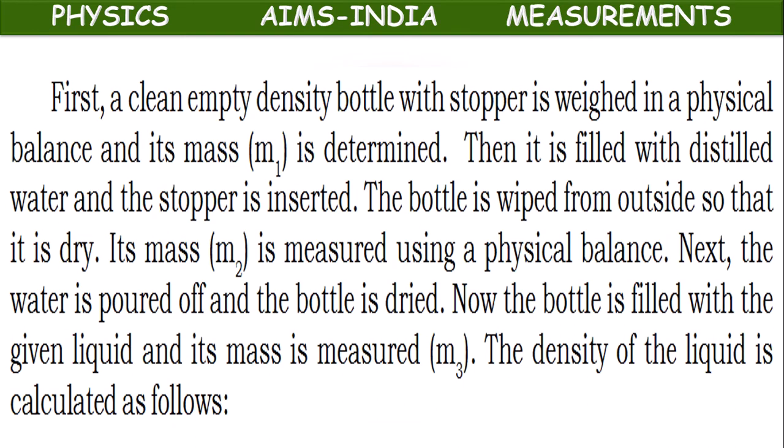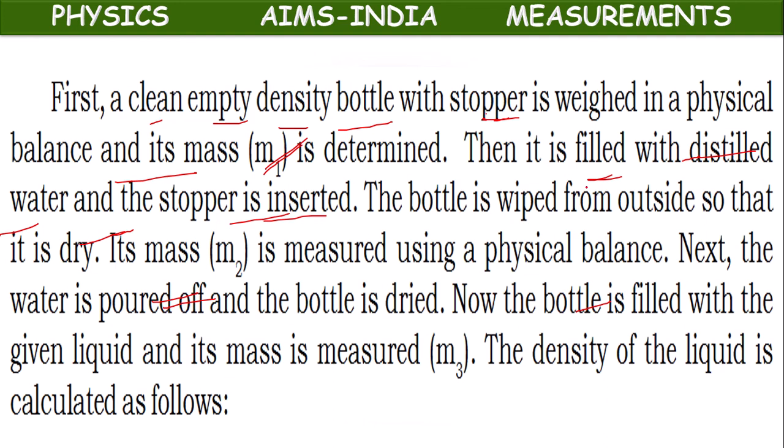Okay, children, so how to do the experiment? First, take a clean, empty density bottle with stopper and weigh it in a physical balance with all the parts. Let the mass be m1. Now this density bottle is filled with distilled water and the stopper is inserted.